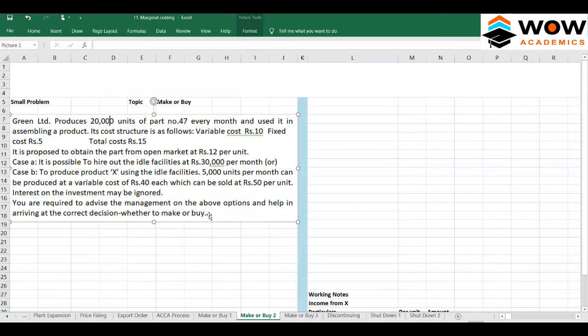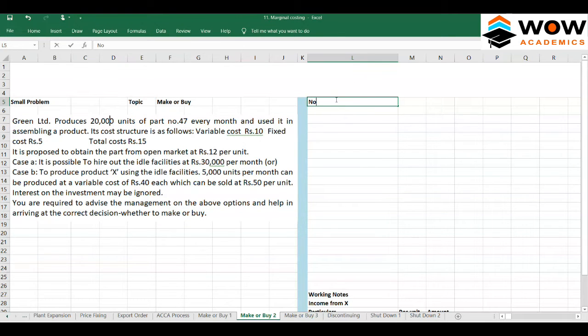So they are telling that to produce the product it takes 15. Of course you have to ignore the fixed cost because the company seems to be producing a lot of products. They are producing this part 47 alone, and our assumption here is that fixed cost is already recovered by the company.